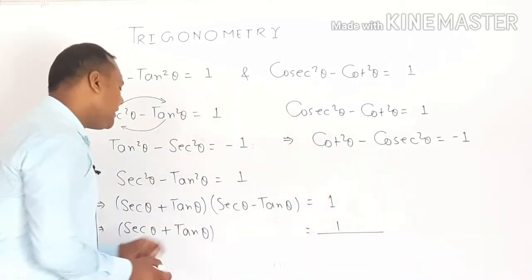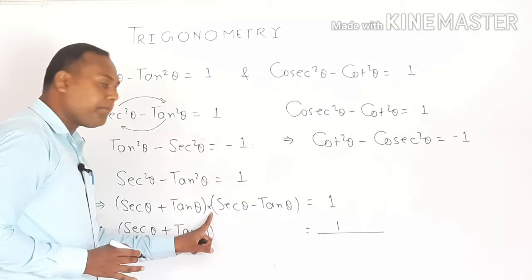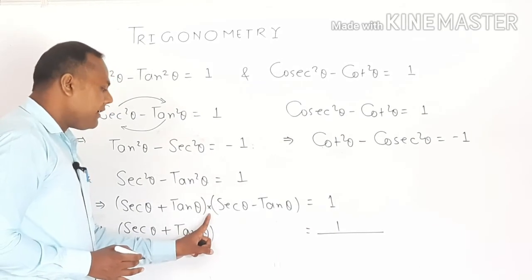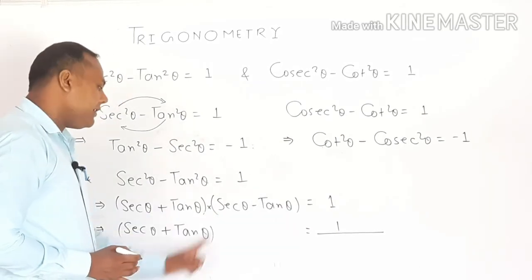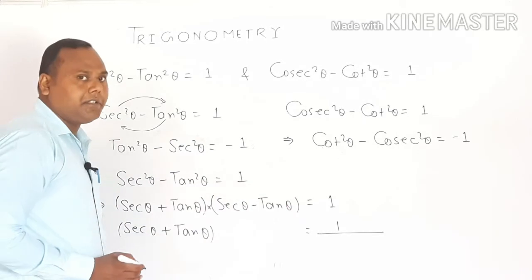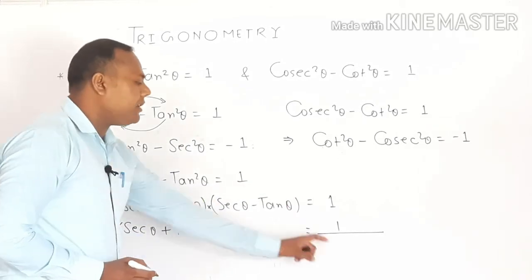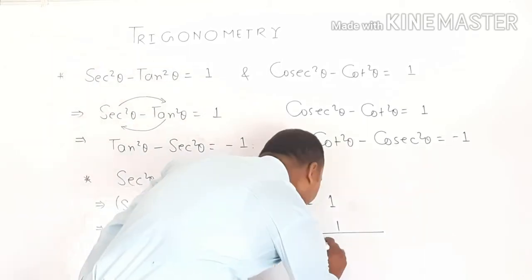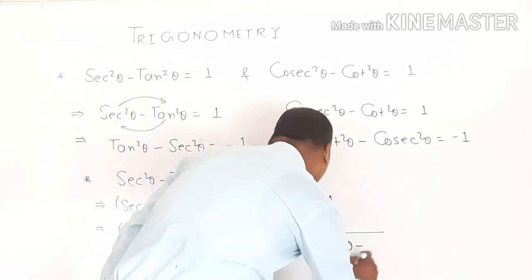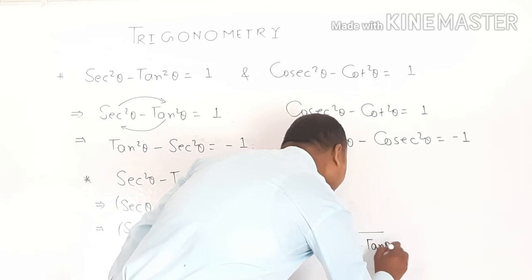And we can also write sec of theta plus tan of theta will be equal to 1 upon this term, which is in the form of multiplication. That's why after changing the side it will be in division form. That means this part goes into the denominator, that is, sec of theta minus tan theta.